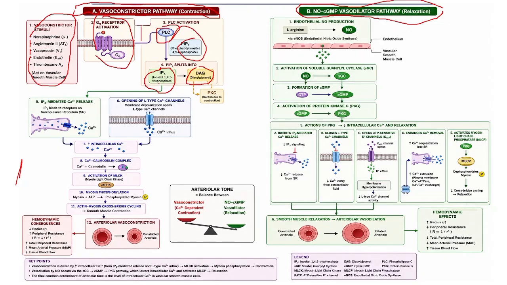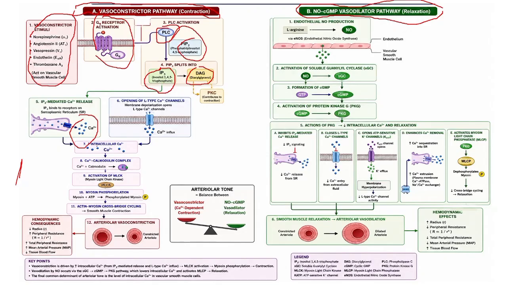I want to focus on the IP3, also called inositol 1,4,5 triphosphate. Our IP3 will lead, number one, to the release of calcium from the sarcoplasmic reticulum.